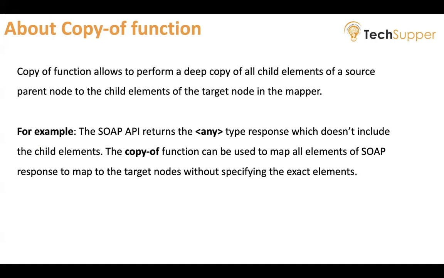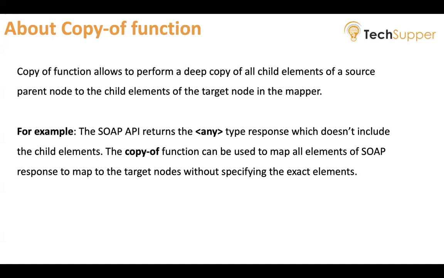So the SOAP API returns an any-type response which does not include the child elements. For example, it can have first name, last name, email ID, and it can have age also. So you don't define a restricted schema. That's where we use the any type.